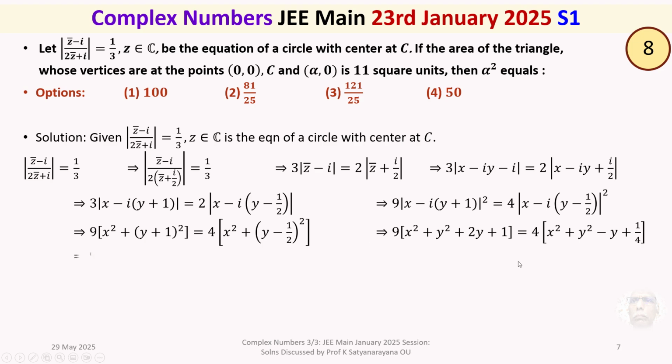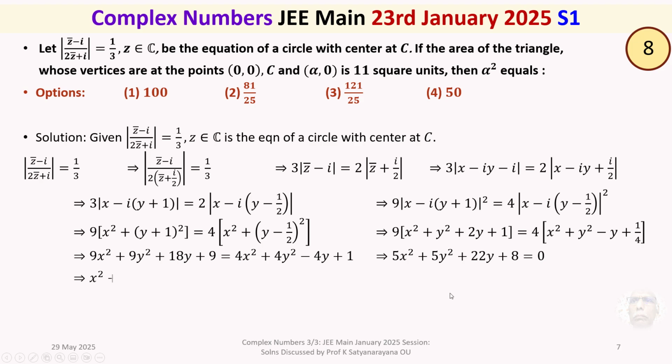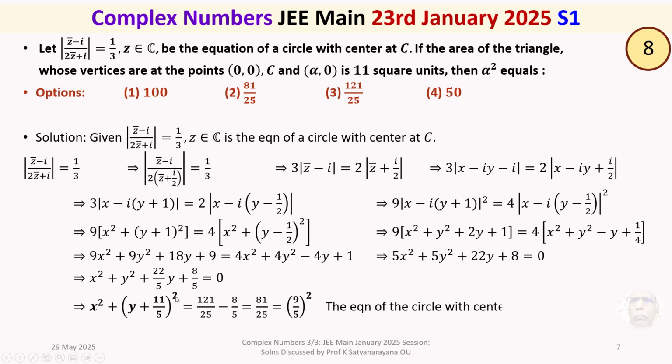Now simplifying, we get this. Further simplification will give you 5x square plus 5y square plus 22y plus 8 is equal to 0, and that is x square plus y square plus 22 by 5 y plus 8 by 5 equal to 0. This is (x minus 0) whole square plus (y plus 11 by 5) whole square is equal to (11 by 5) whole square, that is 121 by 25, minus 8 by 5.